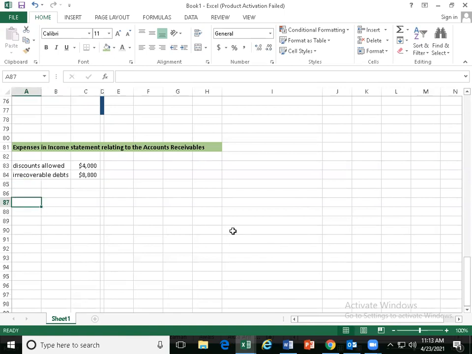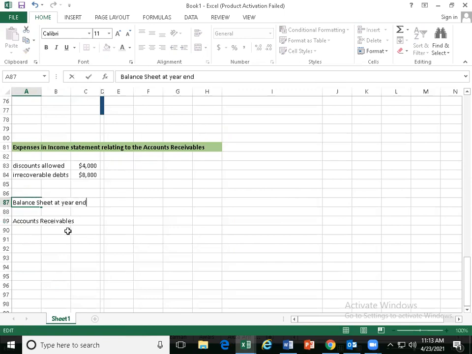Now, how the receivables will be shown in the balance sheet. So you can have a quick look, okay, in the balance sheet as on 31st of December or whatever the date is. So first of all, we write down accounts receivables, which are appearing as on 31st of December at the end of the period, okay, at year end.